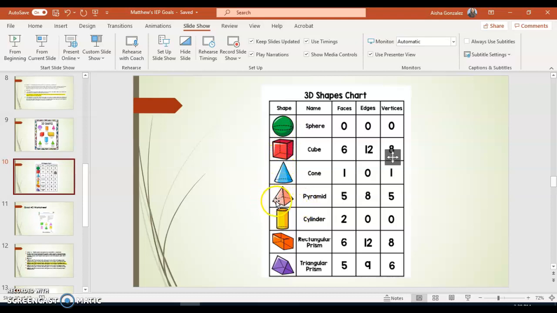Yes, the pyramid. It has the square in the bottom and then the triangle shapes, and it all comes together in the top, which makes it a pyramid.